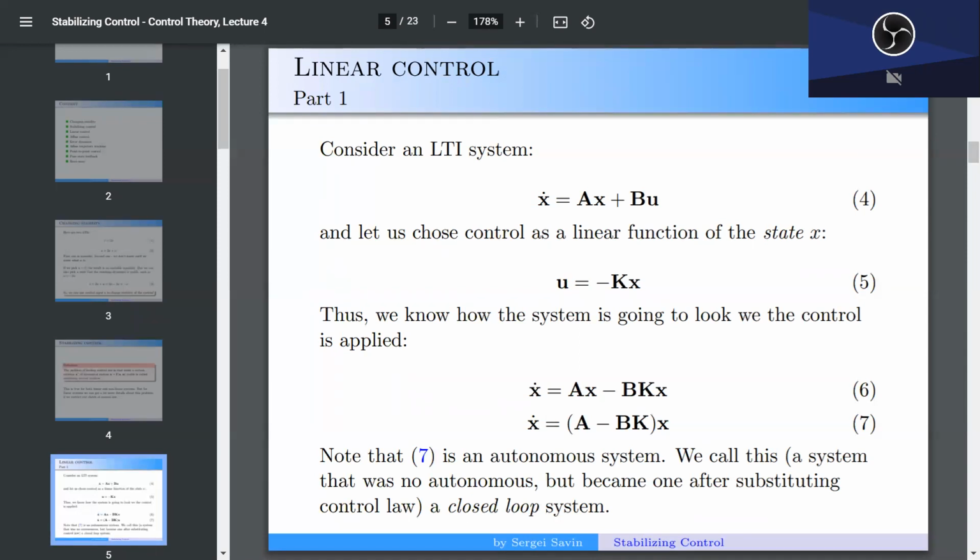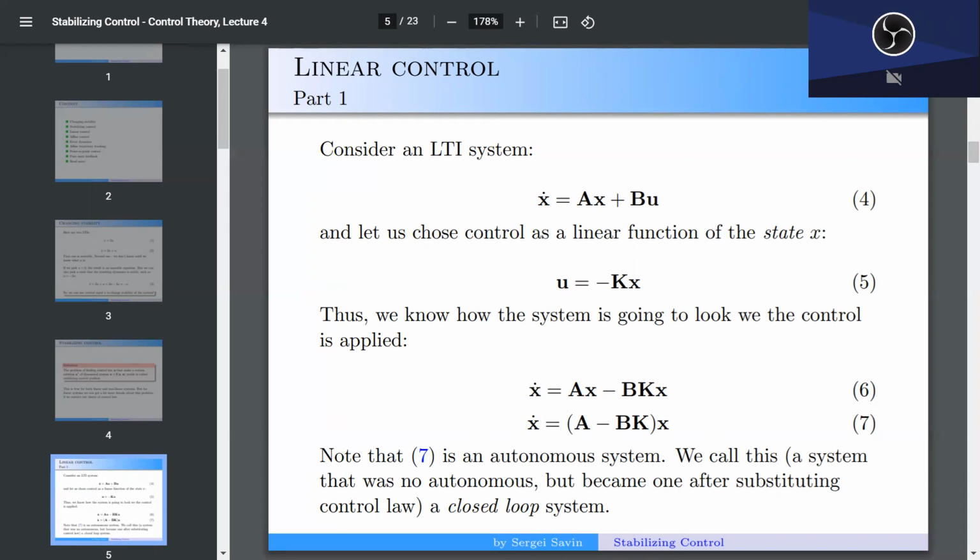Equation number 4 is non-autonomous because it has u. Good. Interesting to ponder about autonomy of the systems. But you already saw a little bit about it when we saw phase portraits, right? Those are features of autonomous systems only. Okay, good. Now, plug 5 into 4, and you get equation number 6.